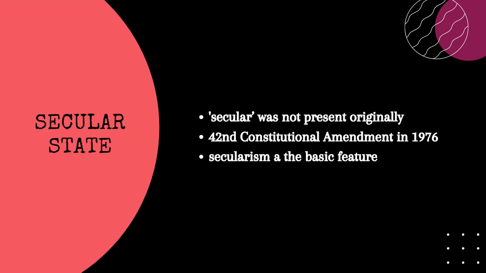Next is the secular state. India is a country of religions. So there exist multiple religions in the country, but in spite of this, the constitution stands for a secular state of India. The word secular was not present originally in the preamble. It was added by the 42nd Constitutional Amendment in 1976, and what was implicit in the constitution until then became explicit.